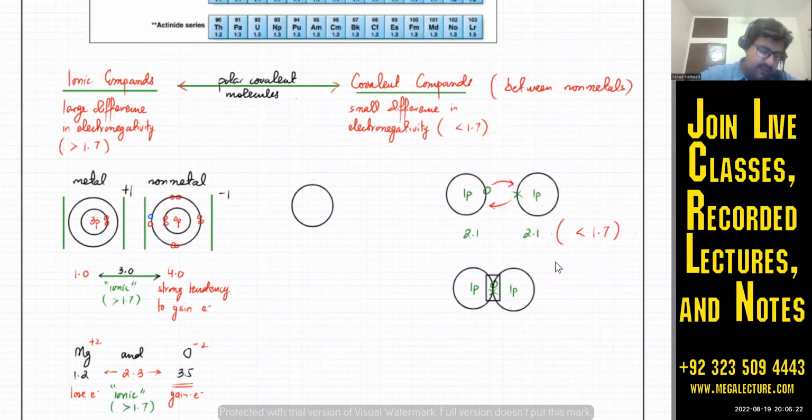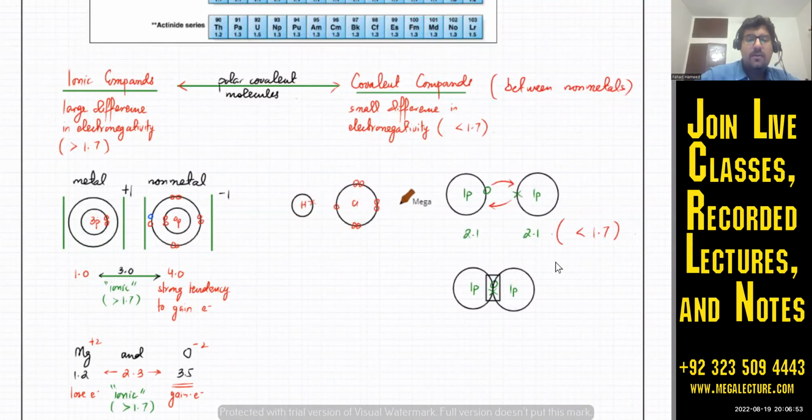But then you'll have molecules which have some difference, but that difference is not large enough. So you've got Cl, which has 7 electrons in its outer shell, and hydrogen, which has just 1 electron.